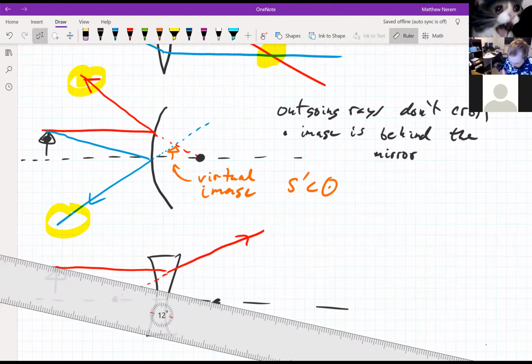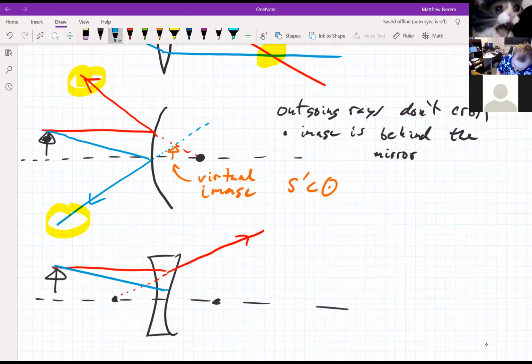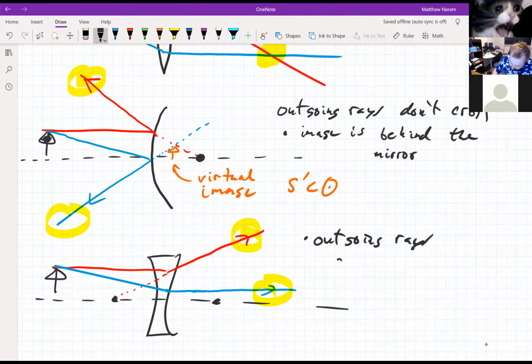If you're aimed at the far one, you come out nice and straight. And once again, outgoing rays don't cross, so you trace them behind the lens. And there's your virtual image again.